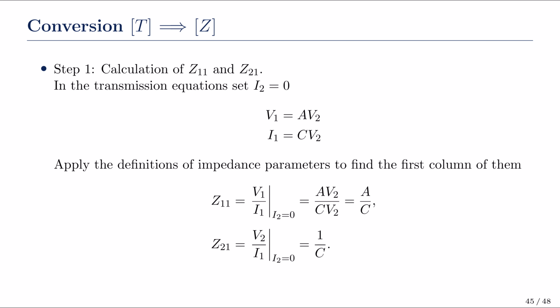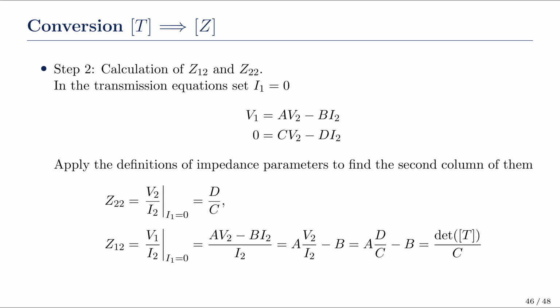Step 1. First column. Set I2 equals 0, which means port 2 open circuited. The transmission equations simplify, allowing V1 and I1 to be written in terms of V2. Applying the impedance definitions gives Z11 equals A over C and Z21 equals 1 over C.